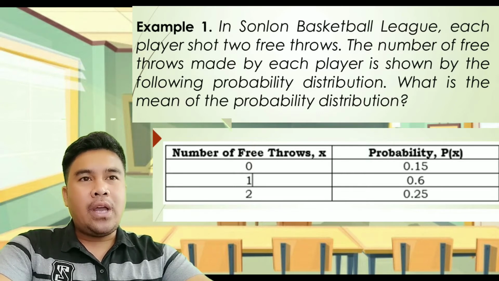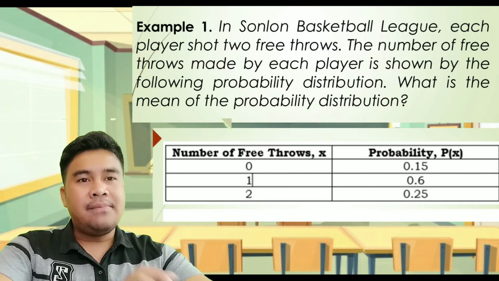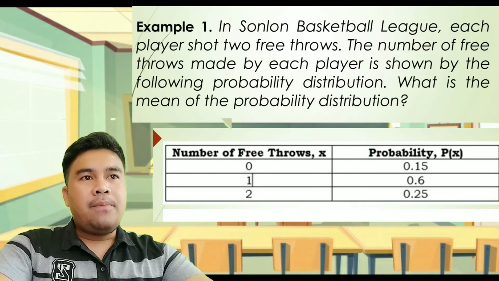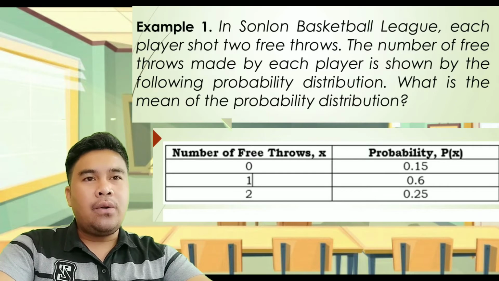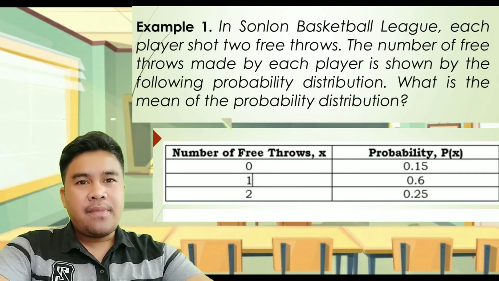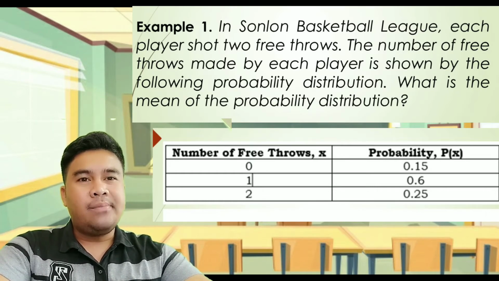We have 0, 1, and 2 as the values of the random variable, the number of free throws x, with corresponding probabilities 0.15, 0.6, and 0.25. So how are we going to get the mean of the random variable?